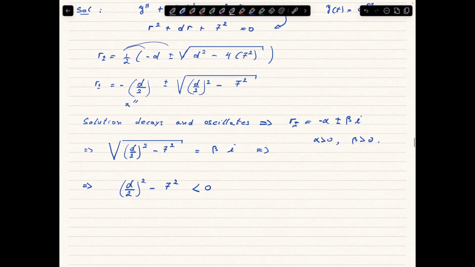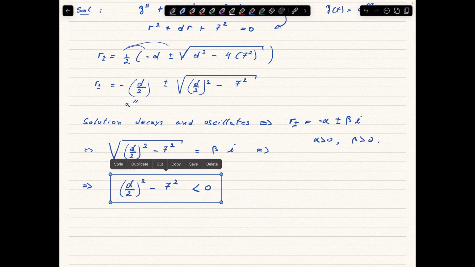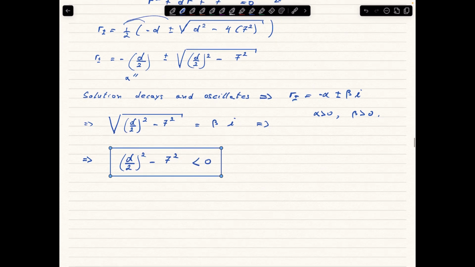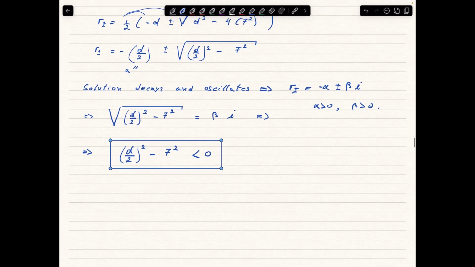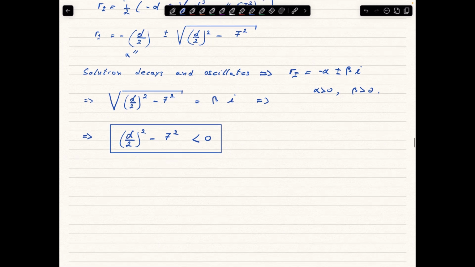And that is the condition on the damping coefficient so we have oscillations and decay, which is what we discussed before. So this is the condition, and we can actually find what d is from here.